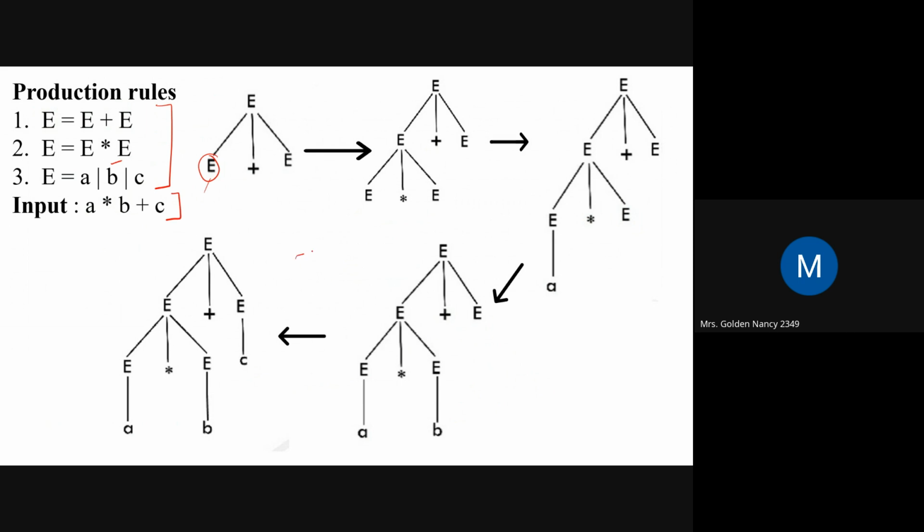So here this example is a left derivation tree. Sometimes it is also called a leftmost derivation tree, because you are always choosing the left one.